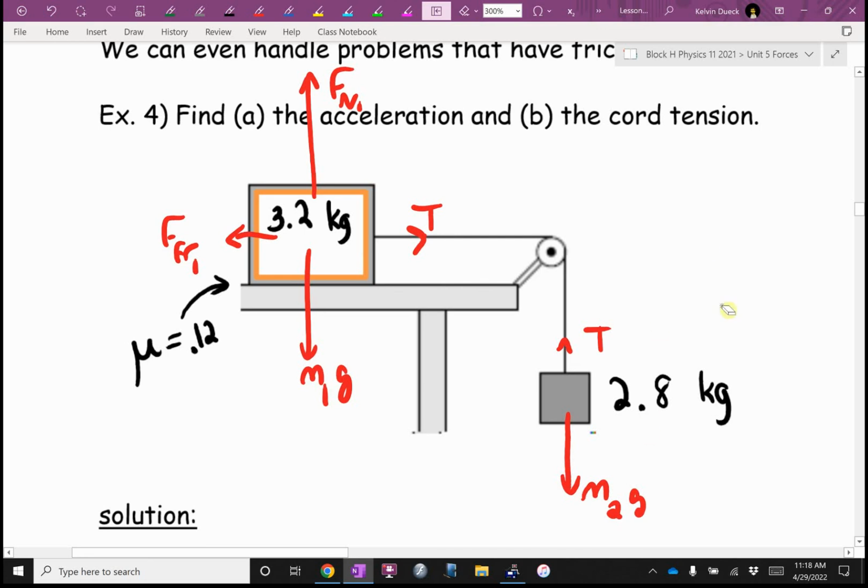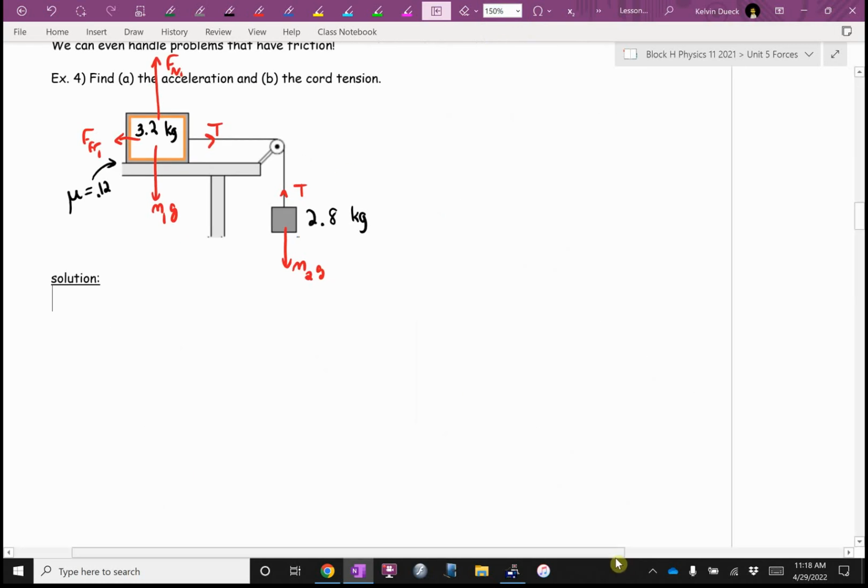Okay. Here's my equation then. I got to zoom out a little bit so I can write. I'm going to do a little part A right here. It looks like it's going to be winner, then minus tension, plus tension, minus friction force number 1.